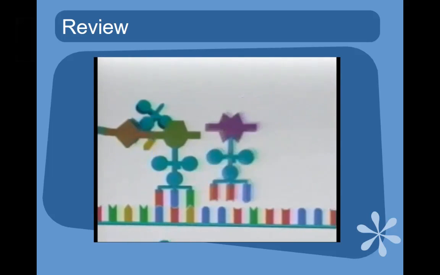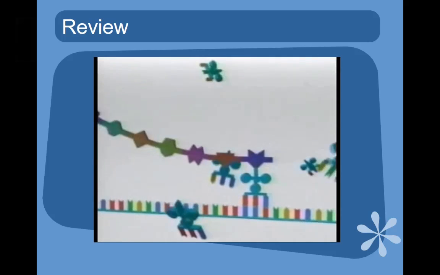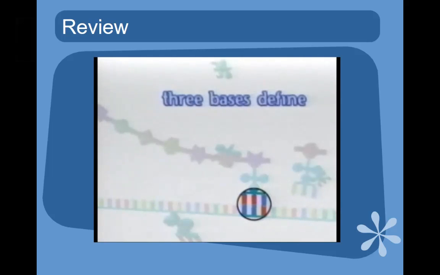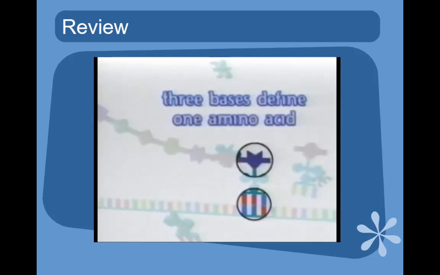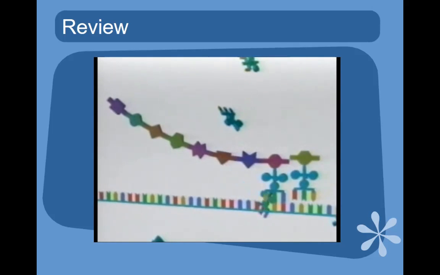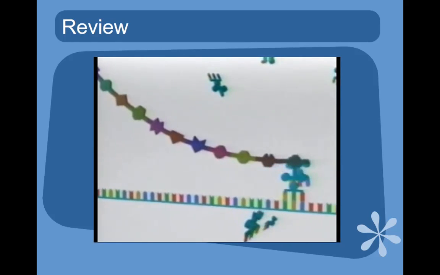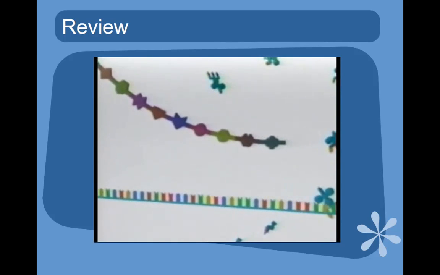There are 23 amino acids in total, and each one is defined by a group of 3 bases. When joined together, the number and order of these 23 amino acids can combine to make many millions of possible proteins.